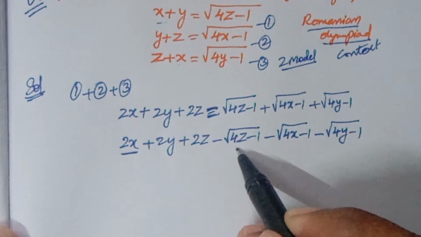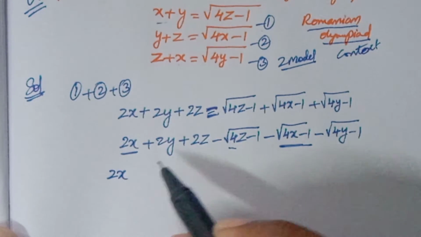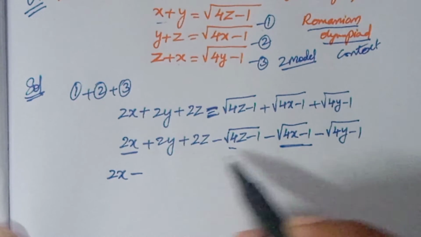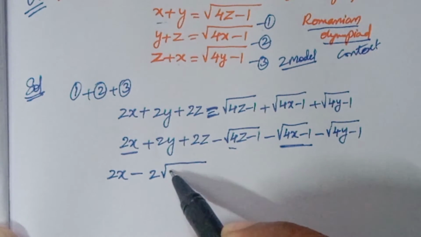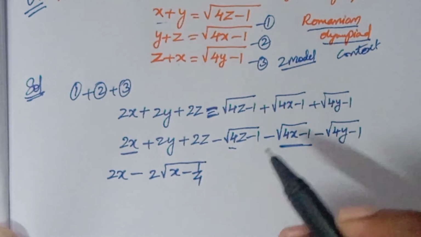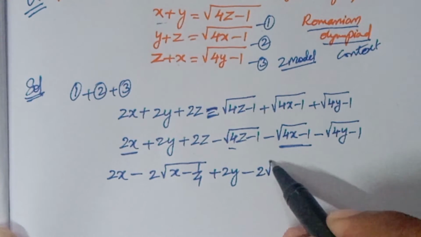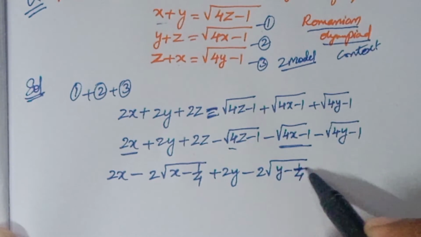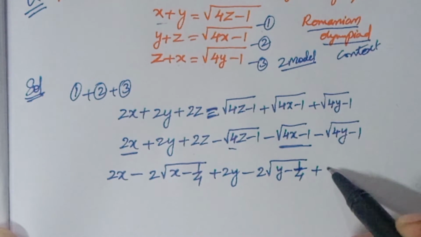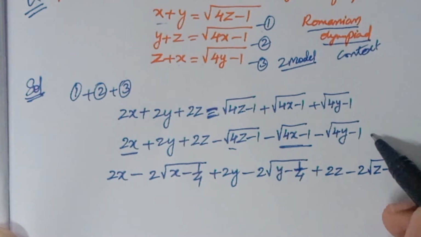The first one and this one I am making as a pair: 2x, here I am taking 2 outside, 2 into square root of (4x minus 1) divided by 4, plus 2y minus 2 root of y minus 1 by 4, plus 2z minus 2 root of z minus 1 by 4 is equal to 0.